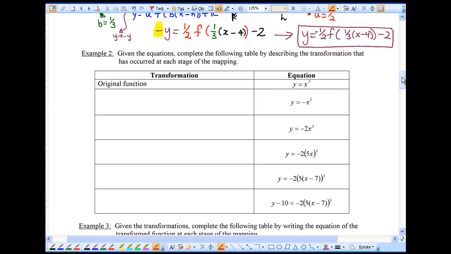That negative, of course, represents a reflection, and because it's outside, it's a reflection in the x-axis. Okay. Then I see this 2 pop in front of the actual function. In front of the actual function means it's the a value. So in this case, I believe we have a vertical expansion by a factor of 2.